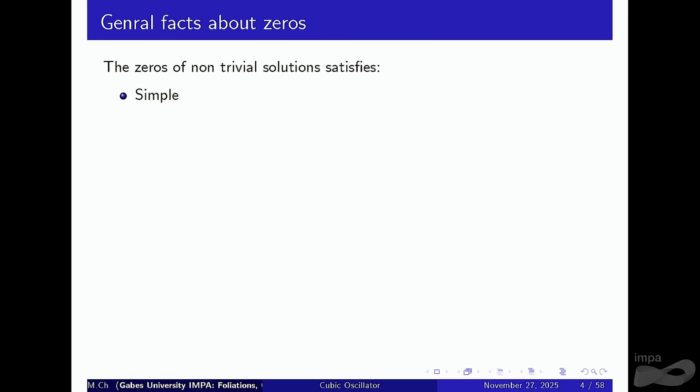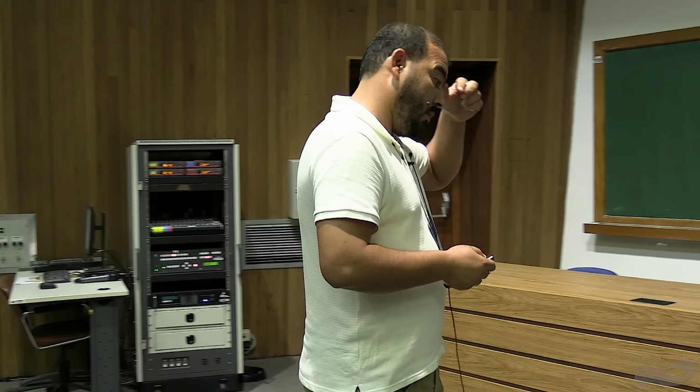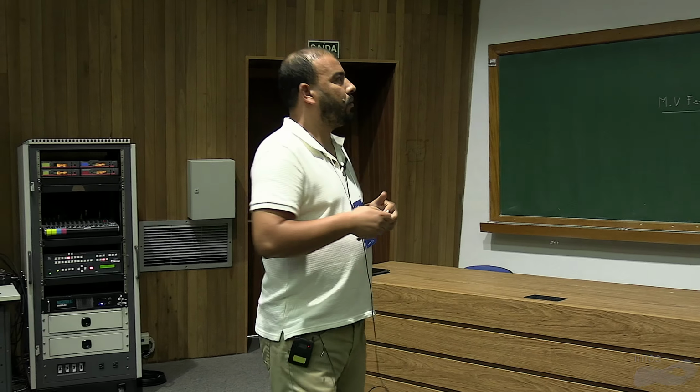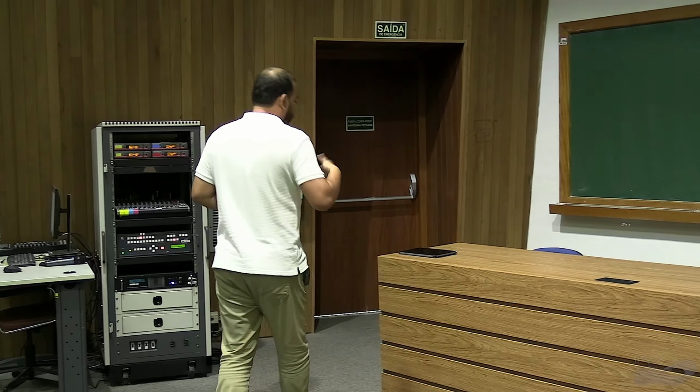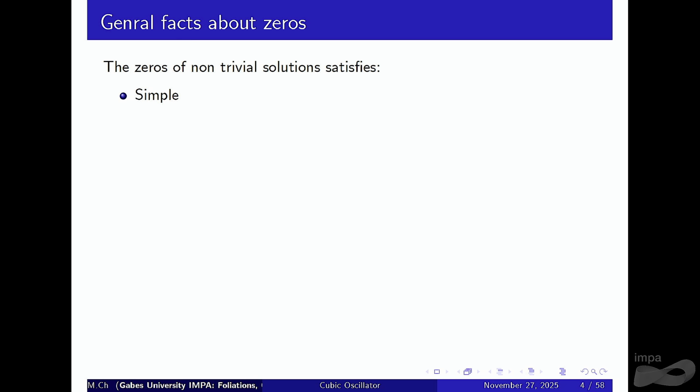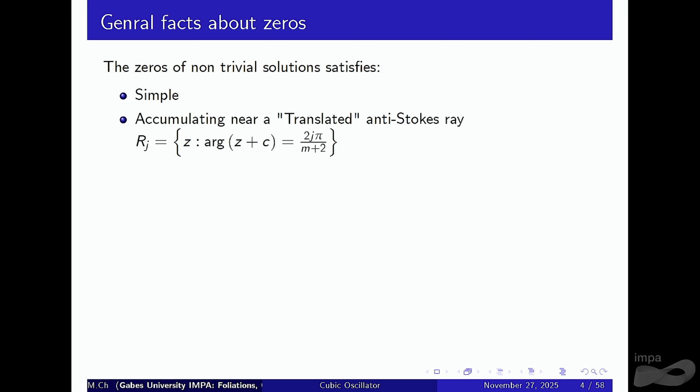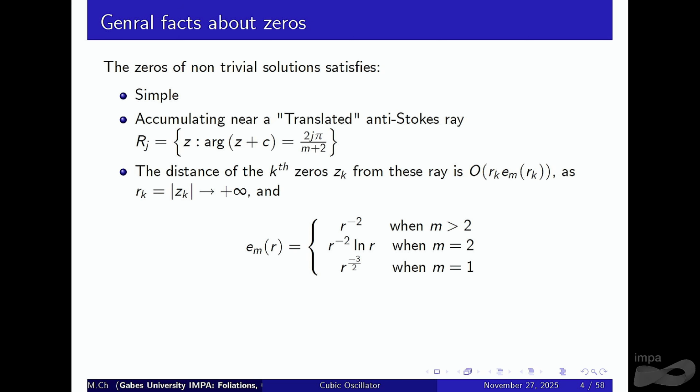And a general fact about the zeros of non-trivial solutions. Non-trivial, because the trivial solution is the solution equal to zero. So, the zeros are accumulating near a translated anti-Stokes ray of this form at infinity, and the distance between the zeros and this translated anti-Stokes ray is of this form.